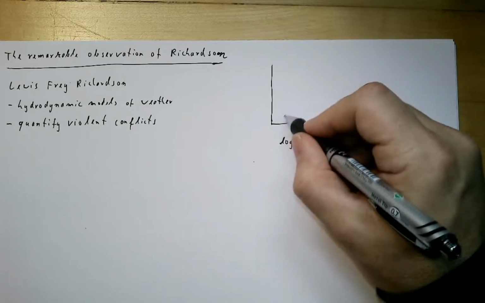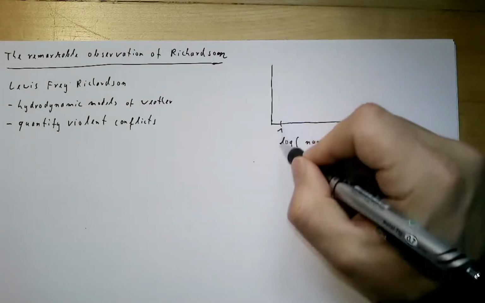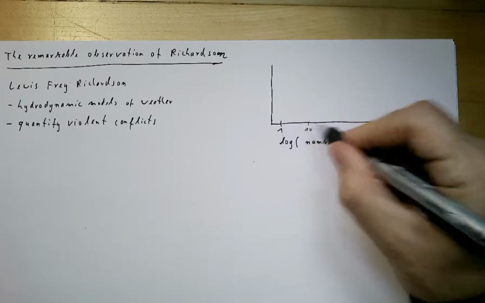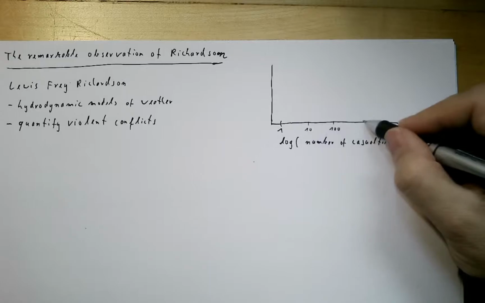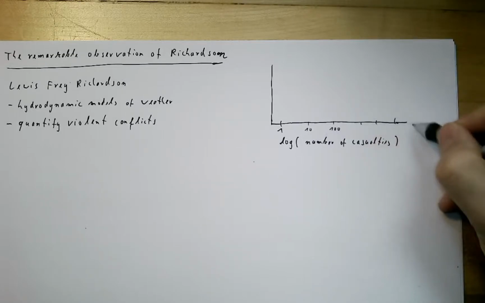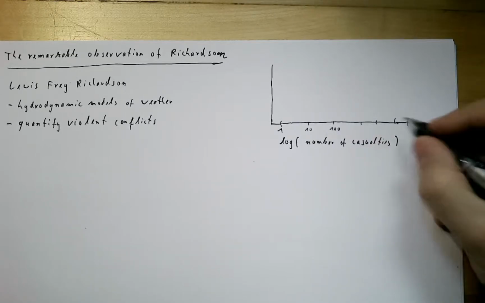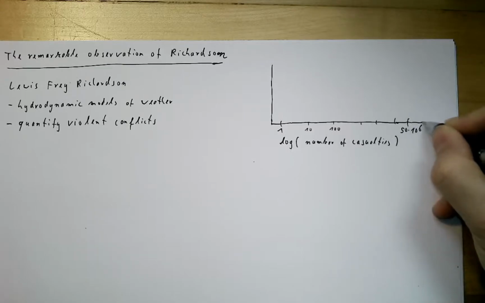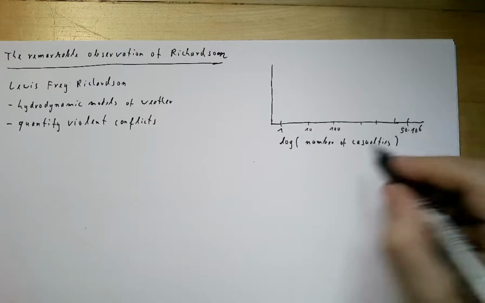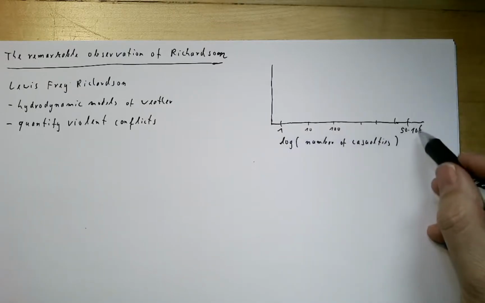So here we have maybe 1 death, and you can have 10, 100, and so on and so forth, until you have a huge war, 50 times 10 to the 6. So that's the number of casualties.